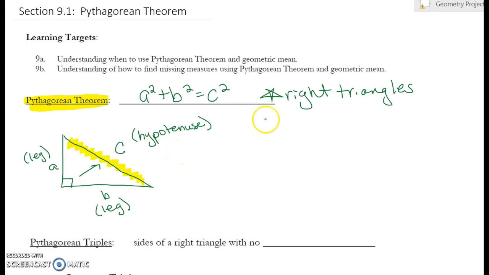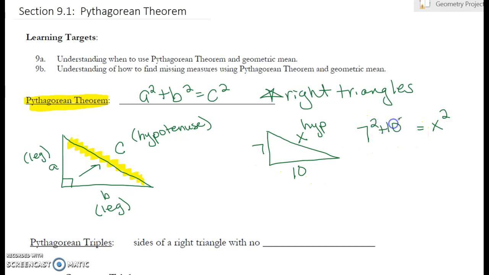And so when I do this, let's draw a picture. Let's say I have 7, 10, and I need to solve this. This is my height, and so it equals my height squared. The other legs, you also square them, so 7 squared plus 10 squared, and so 49 plus 100. 49 plus 100 is 149.